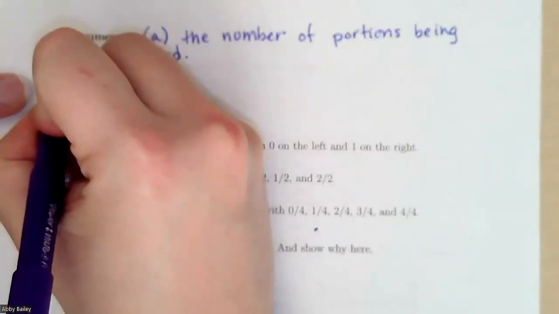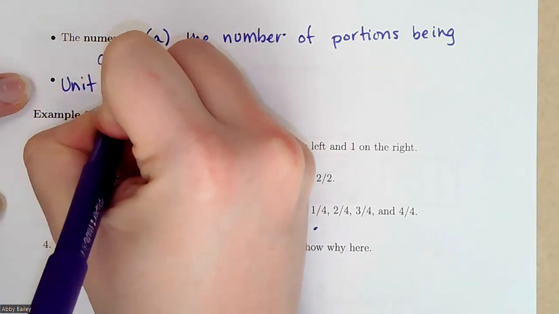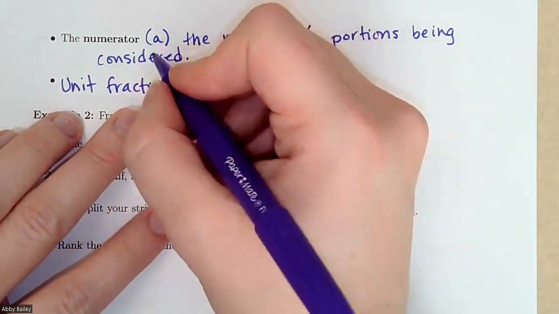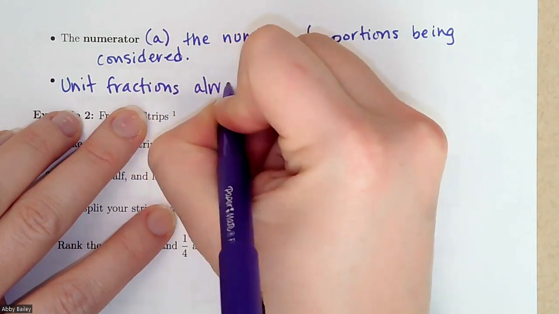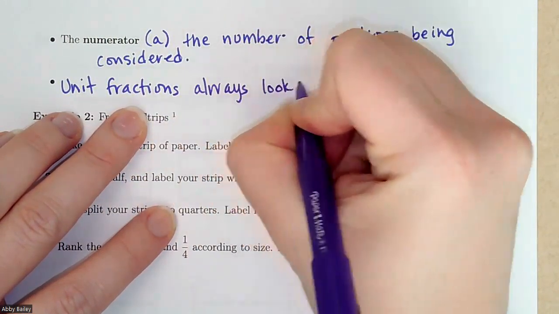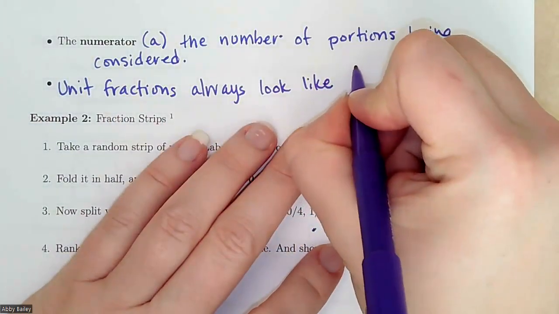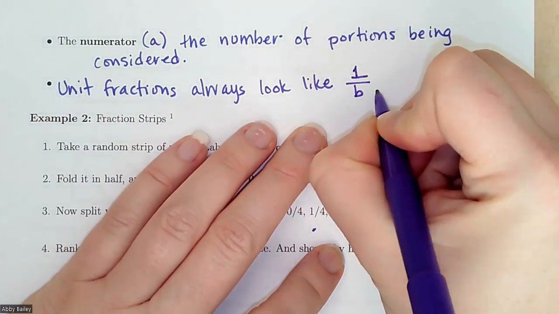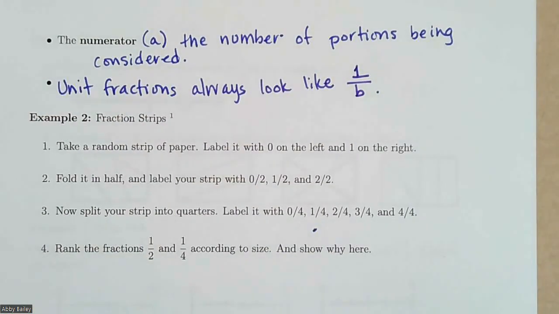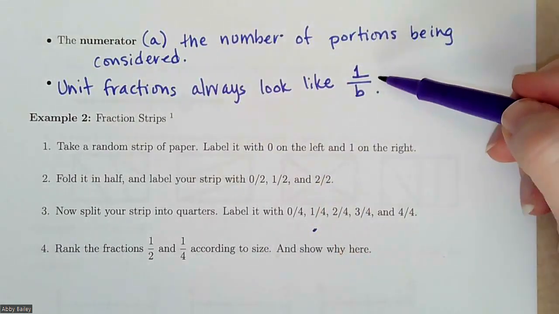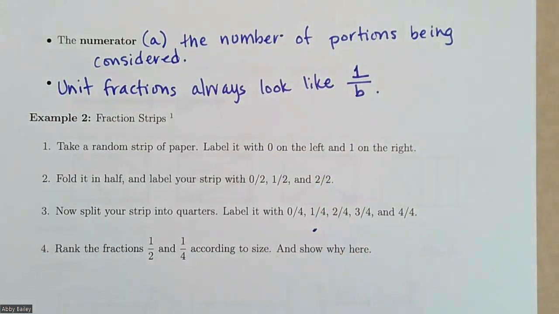Unit fraction. They always look like 1 portion. So 1 out of B portions. So unit fractions always look like this. Later on, you'll hear about unit ratios where the 1 could be either place, but unit fraction always means 1 portion out of how many portions.